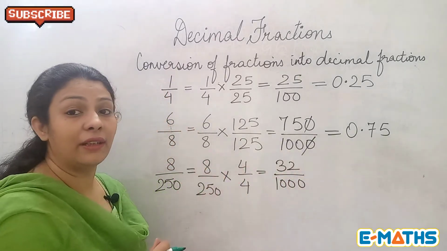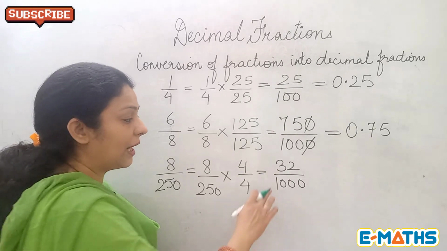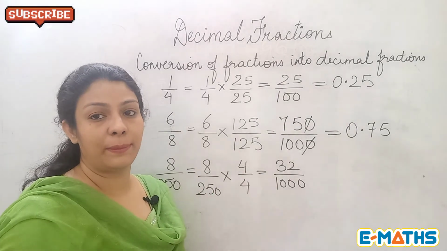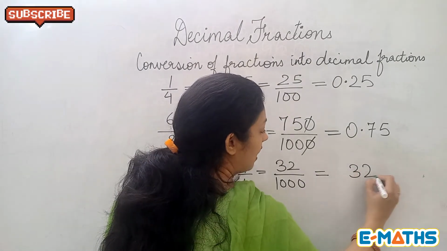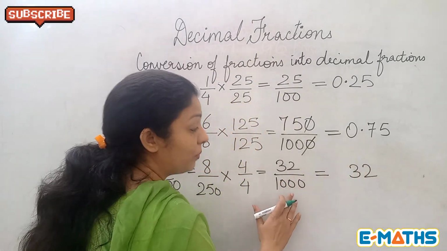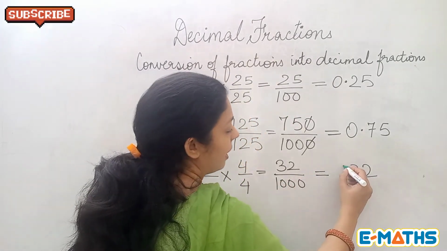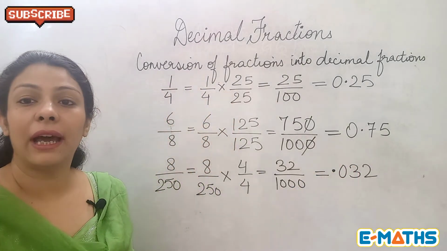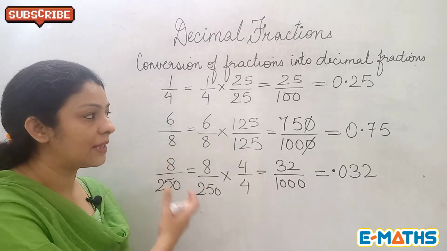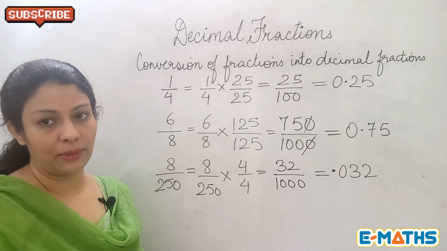I have 3 zeros in the denominator, that means I need to have 3 decimal places in the answer. But I have only 2 digits in the numerator, which I'll write down as it is. So to make it 3 decimal places, I'll just add a 0 here and put a decimal point here. That's how we can make such numbers decimal numbers.